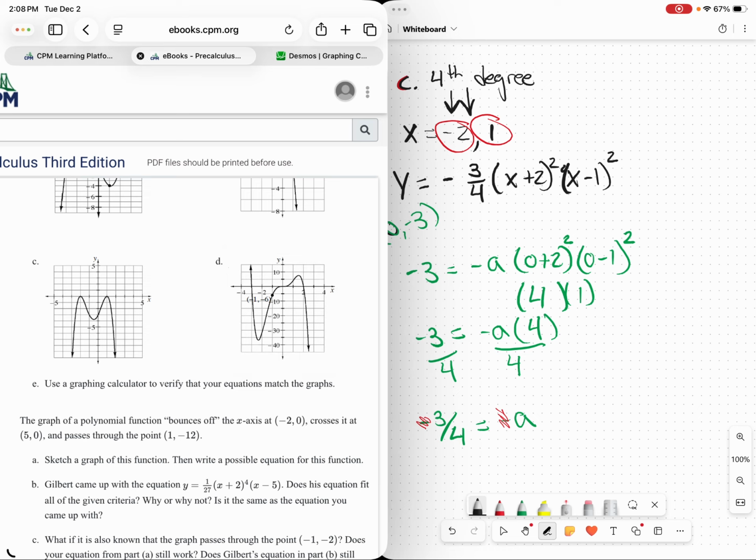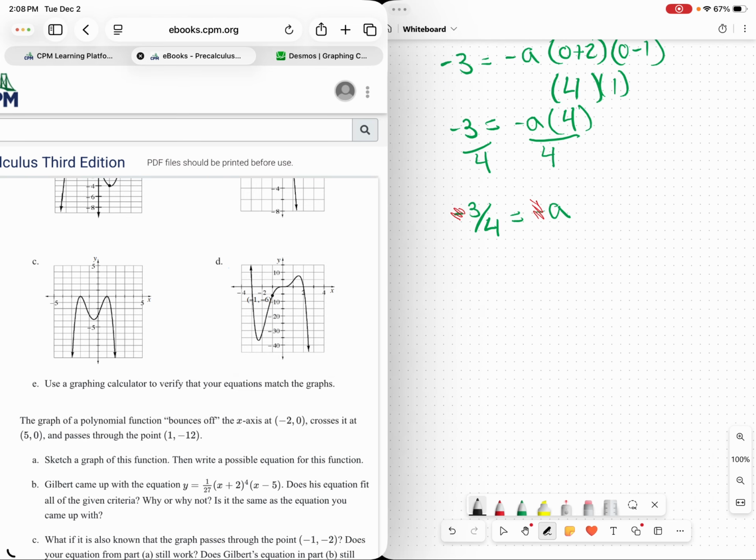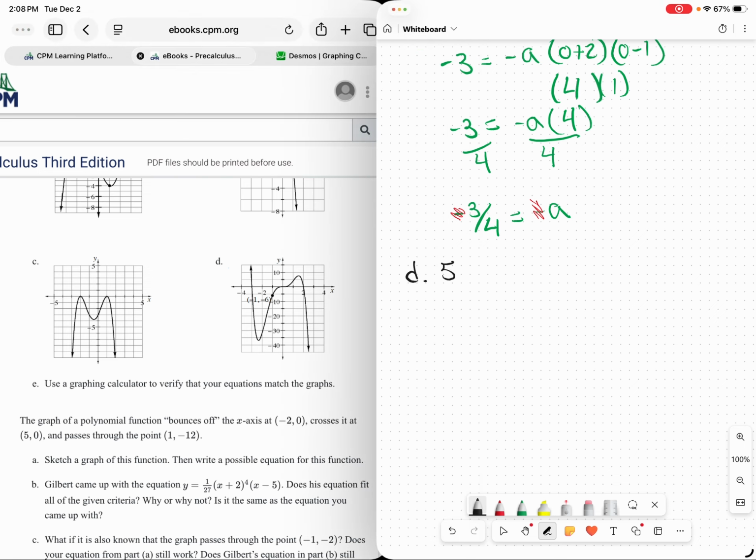Okay? Same thing for D. Let's look at D. Okay, let's count our curves. 1, 2, 3, 4. So this is 5th degree. 5th degree, right? It is negative because it's up, down. So it's negative.